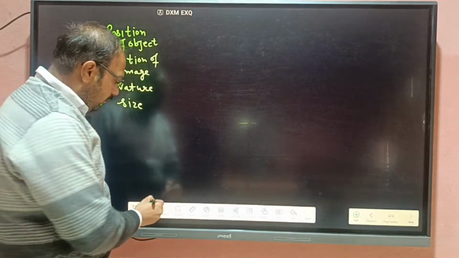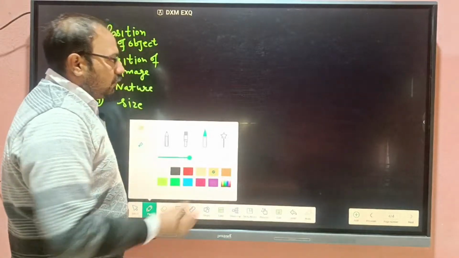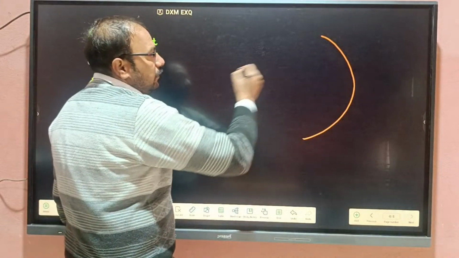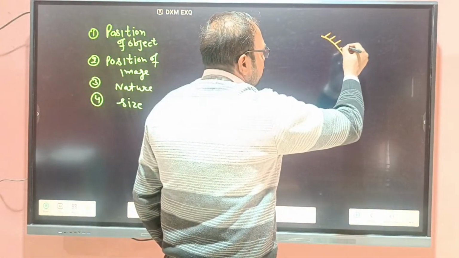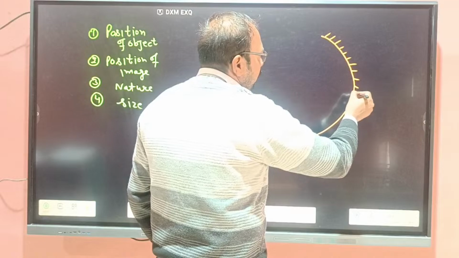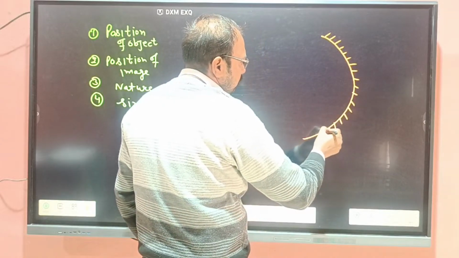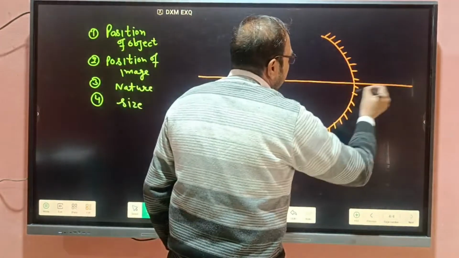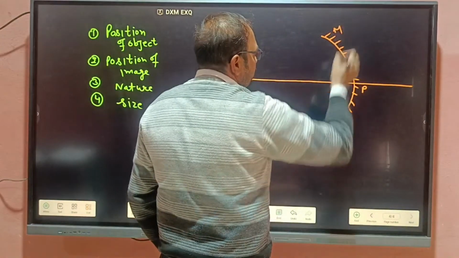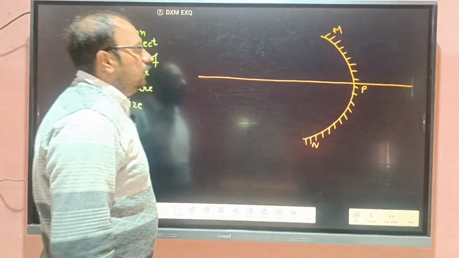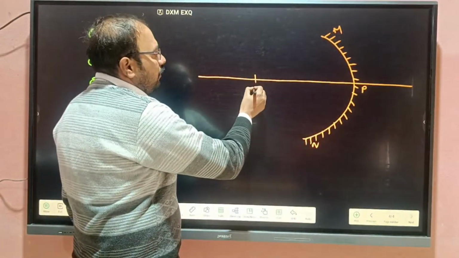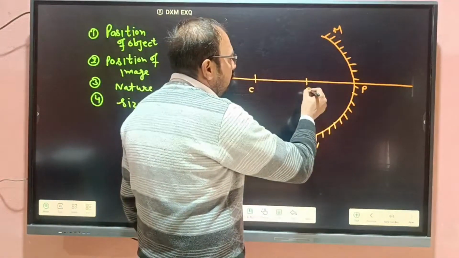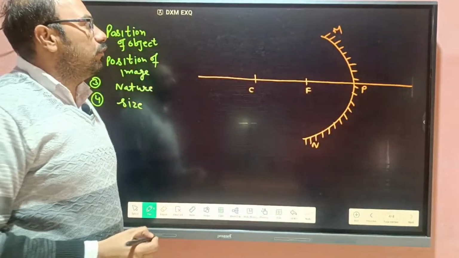We make a ray diagram of that. This is a concave mirror and this is the polished surface, and we draw the principal axis. This is the pole, MN is the aperture. This is the center of curvature C, and take here point F, which is known as the focus.